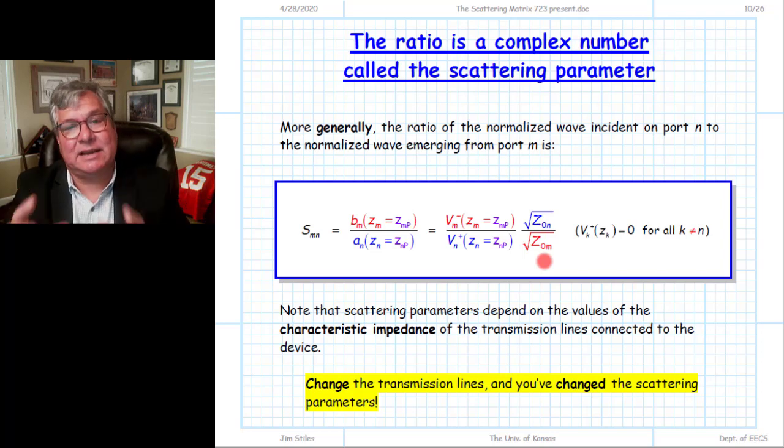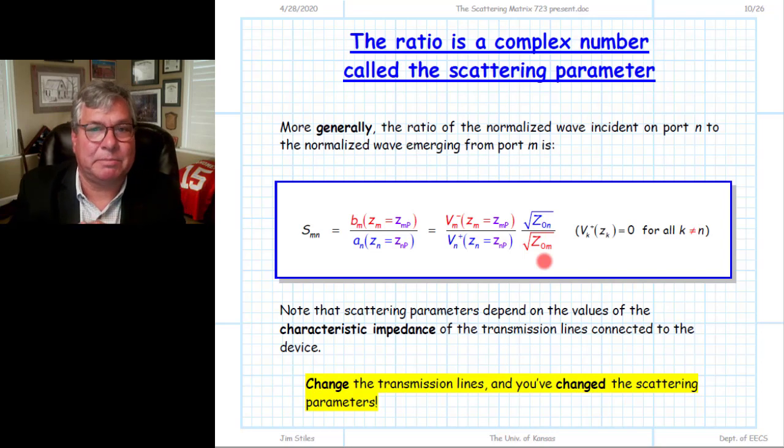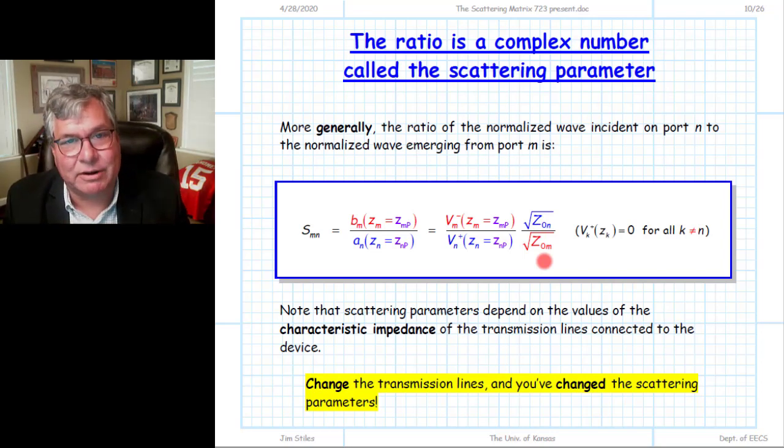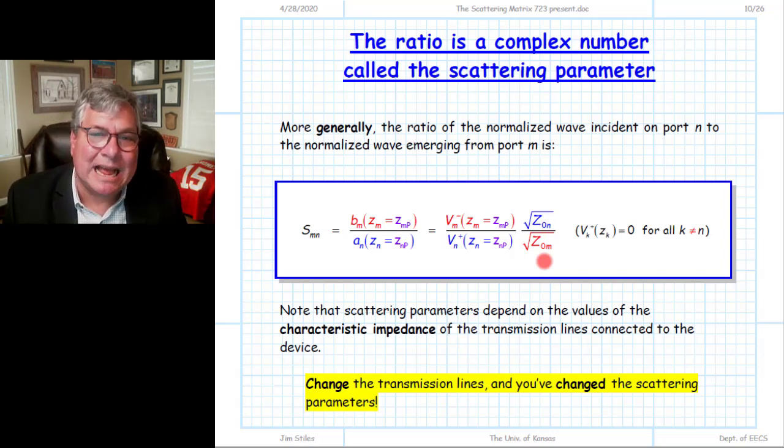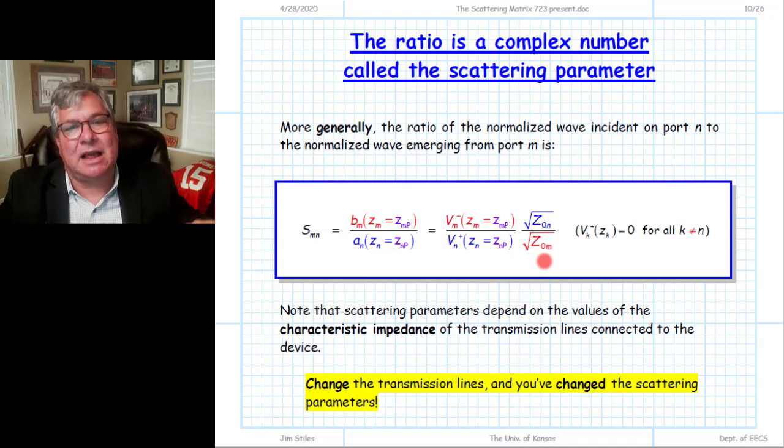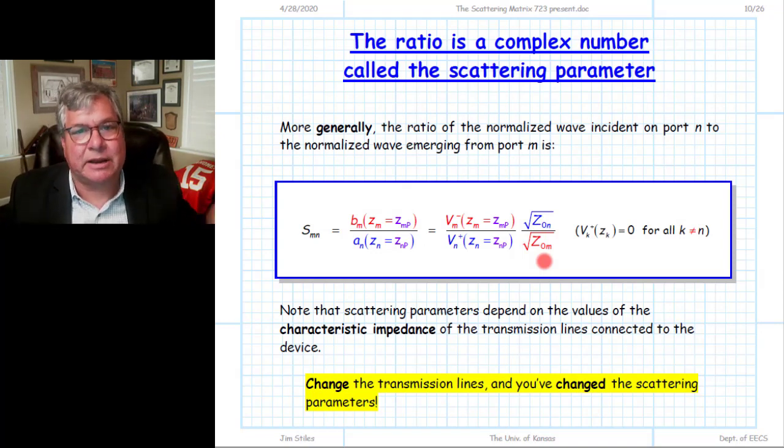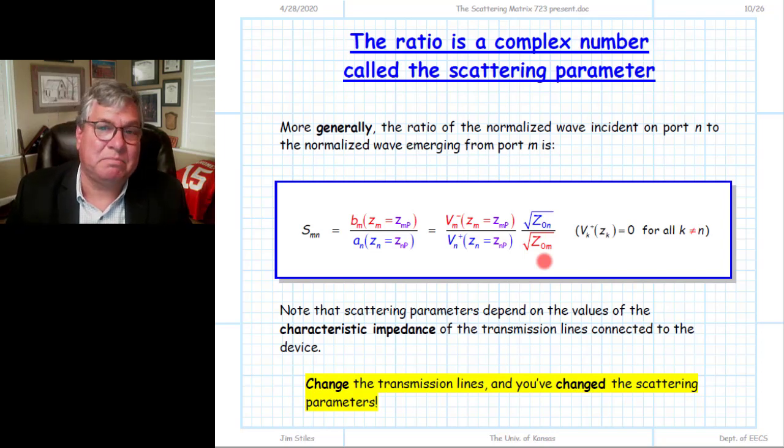What this means is if I take a blue box and I connect certain transmission lines, let's say they're all 50 ohm characteristic impedance, and I determine or measure the scattering matrix for that device, and then I keep the same device but disconnect the transmission lines and connect new transmission lines to it, and let's say the characteristic impedance of those transmission lines now are half of them 50 and the other half 75, what we'll find is that we have different values for our scattering parameters, different values for our scattering matrix.